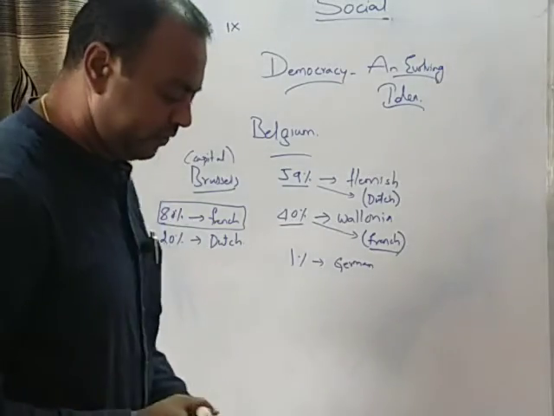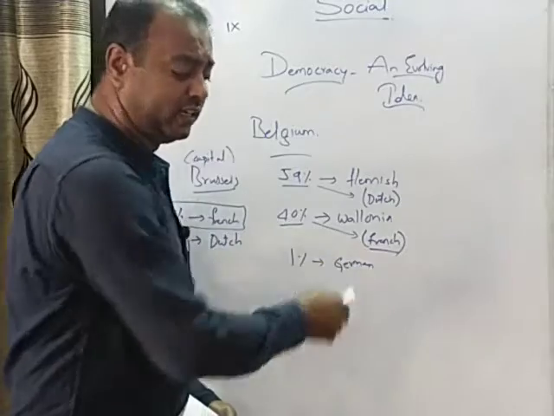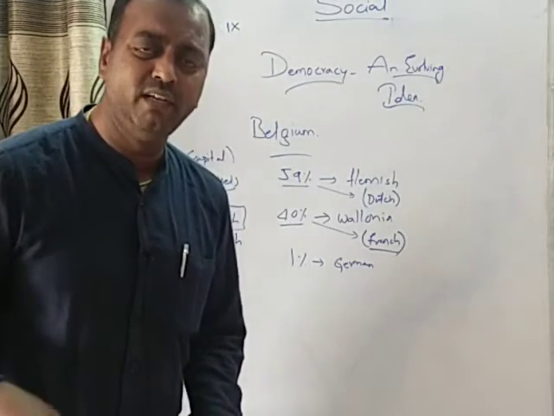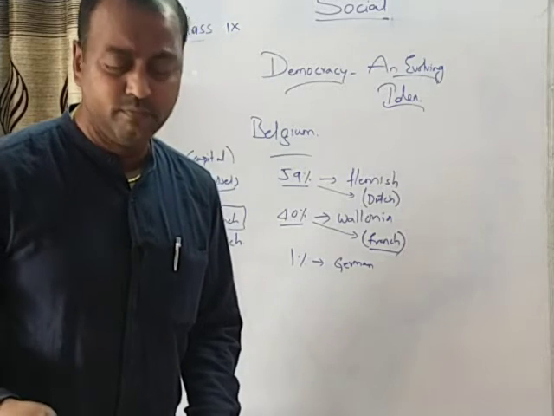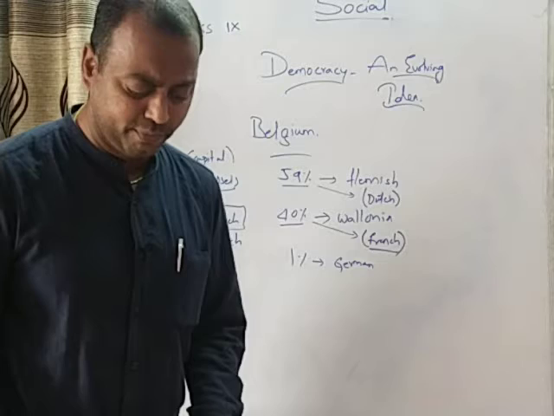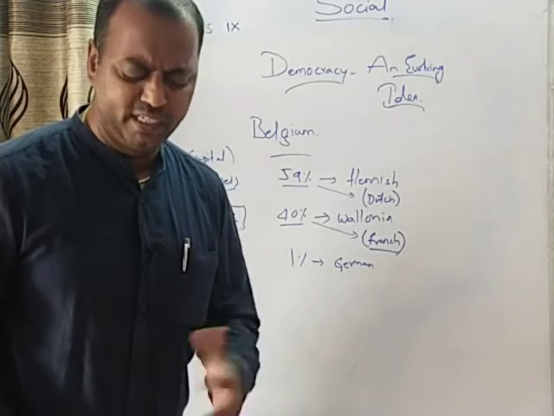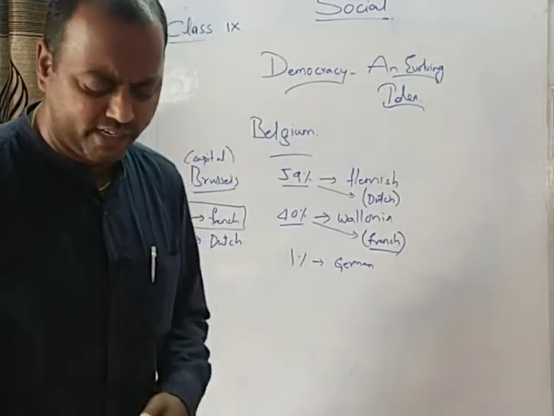This is the problem. The French speaking minority in the country was relatively rich and powerful, and this was resented by the Dutch speaking community. This led to tensions between the Dutch speaking and French speaking communities during the 1950s and 1960s.